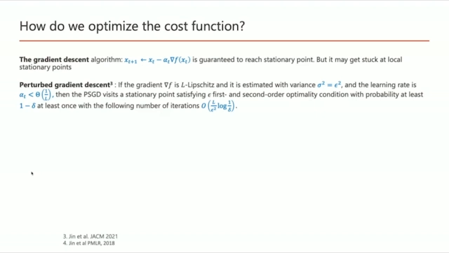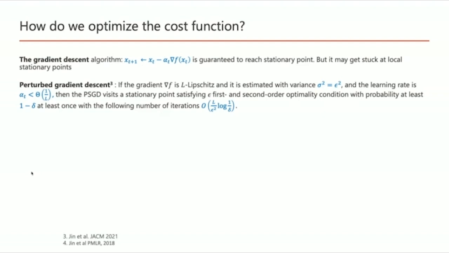What happens is that if the gradient can be estimated with a variance that's proportional to epsilon squared, and of course this is the typical condition on the learning rate, then this algorithm can converge to a stationary point that satisfies an approximate first and second order optimality condition.